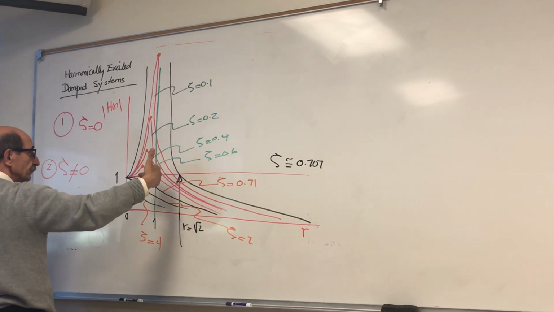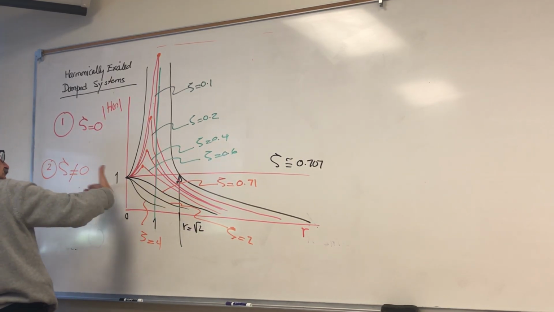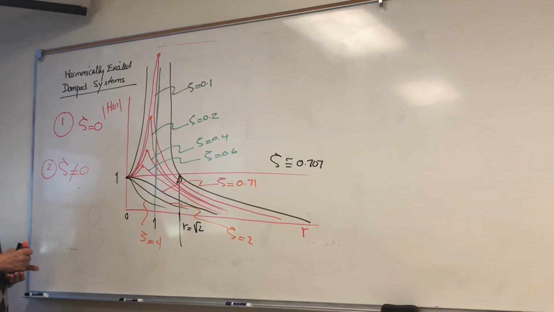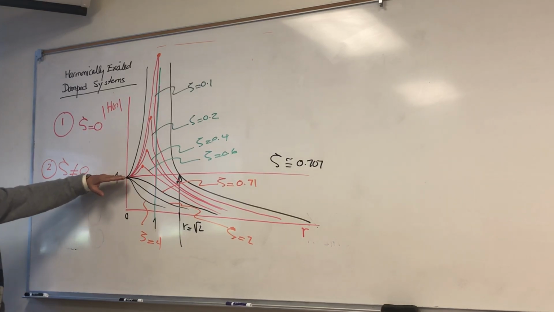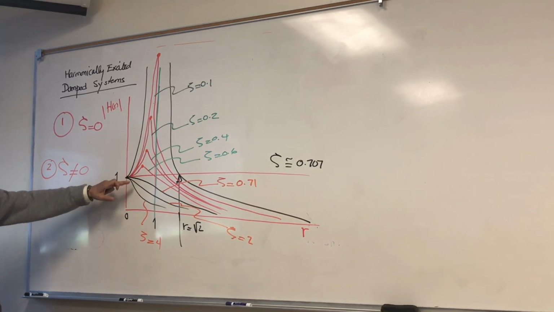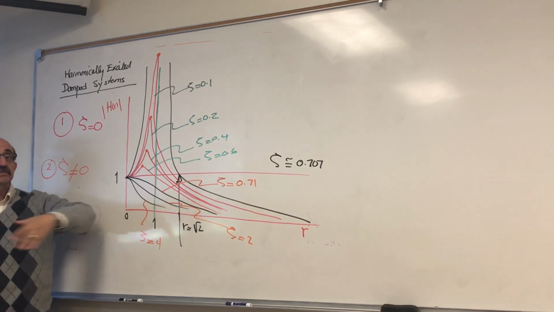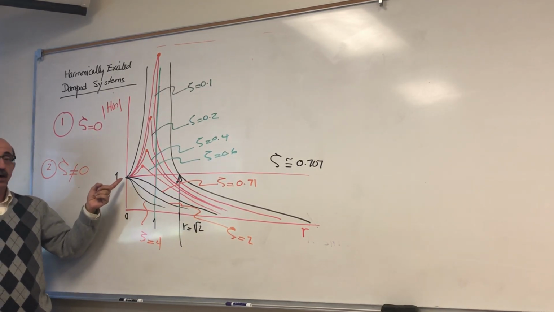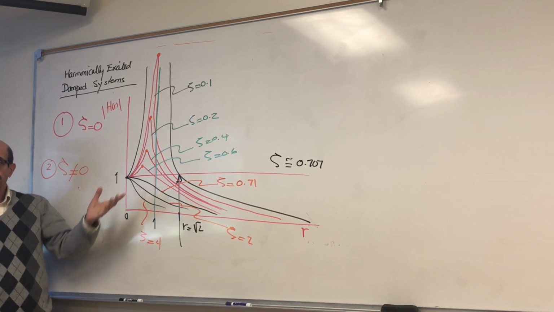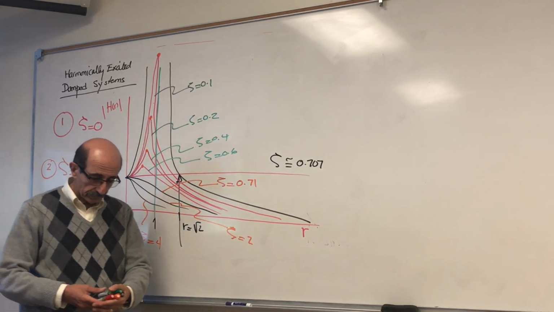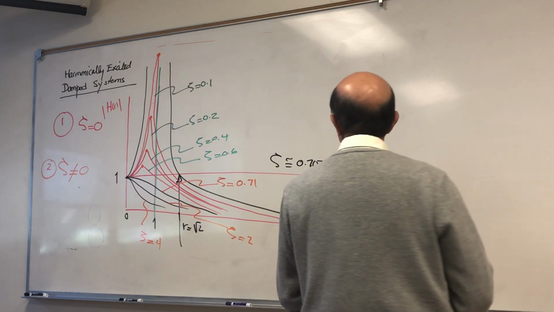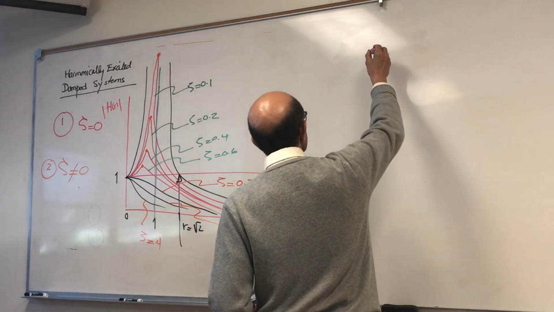As zeta increases, it goes further and further toward the left of 1. And then how did I find out that, in fact, for all of these curves for which zeta is 0.707 or larger, their maximum value is 1? Let's clear out. So I would call that observation maybe 3.